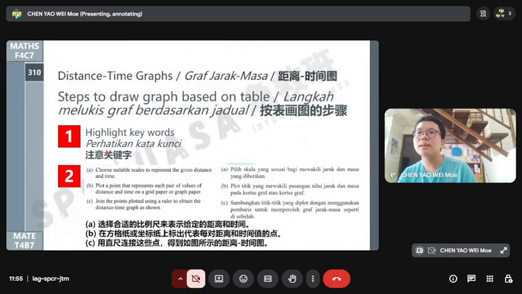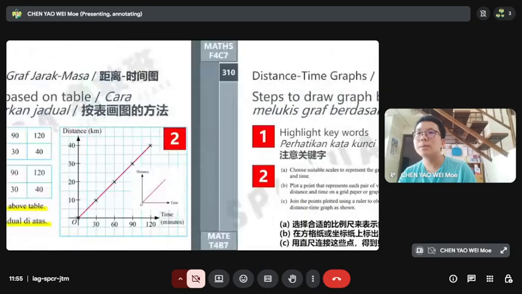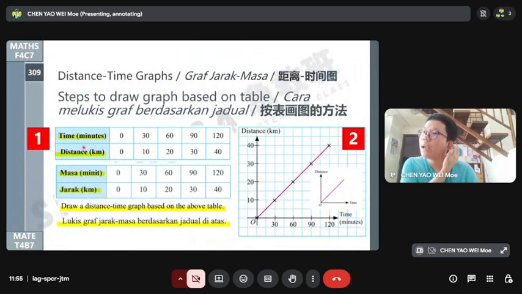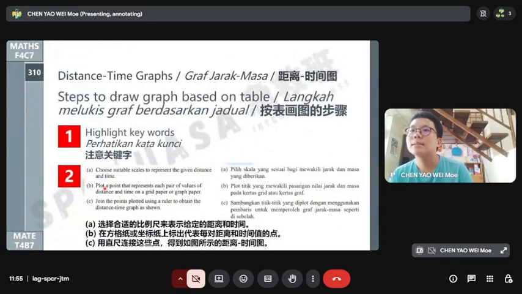So first thing, highlight the keywords. The keywords are these two, and draw distance time graph based on table. Sometimes they will tell you to draw a different graph, like a speed time graph. Wow, very different. And second thing, choose suitable scales to represent the given distance and time.